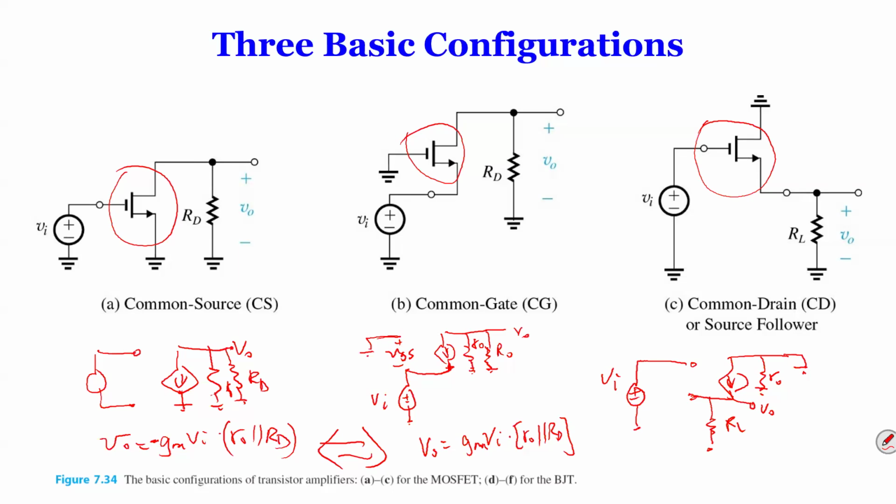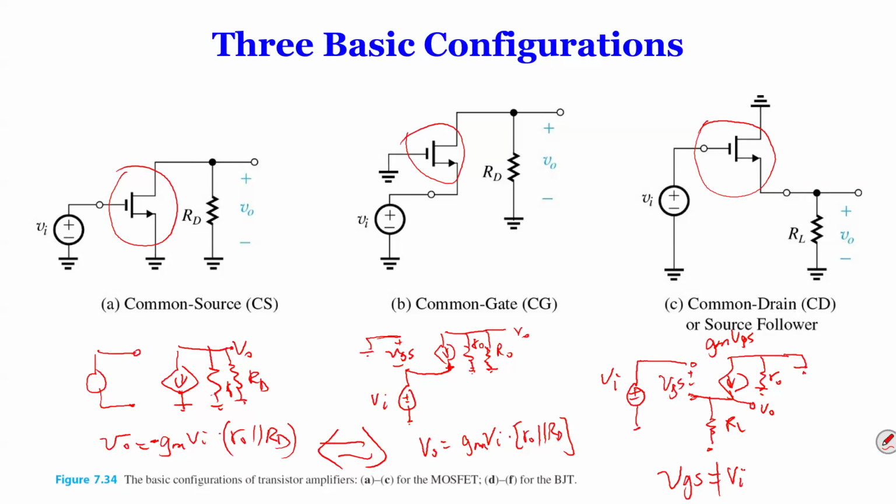But the difficulty of this one is this GM times VGS. This is very important: VGS is not equal to VI.